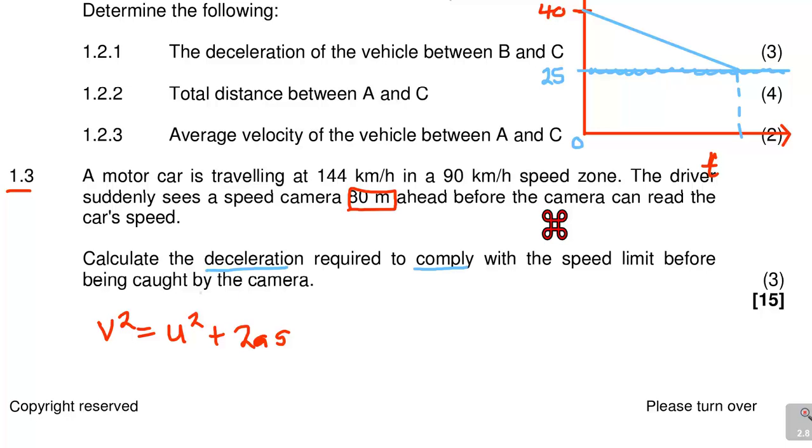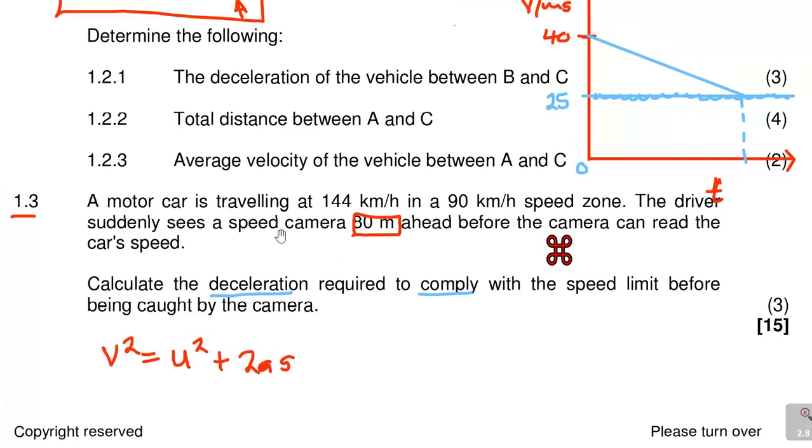Now I've got the information, and in this case the final velocity, which is my v, the initial velocity, which is my u, and the distance, which is the area under here, they told us it is 80 meters. Getting that?